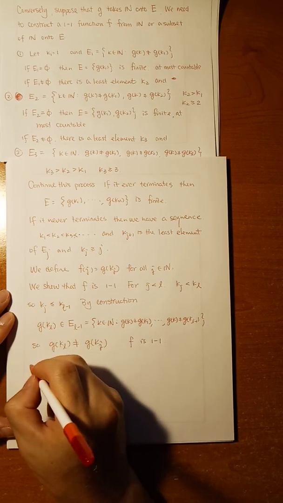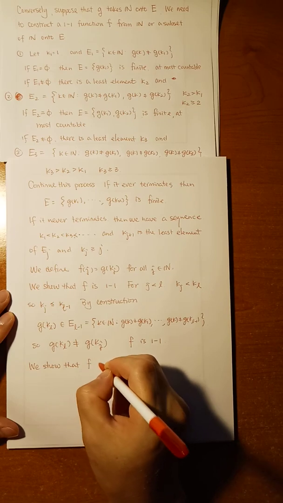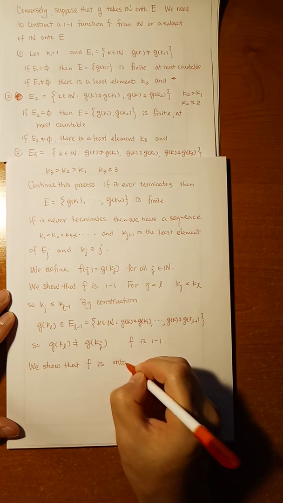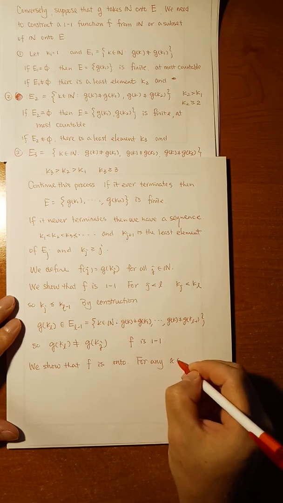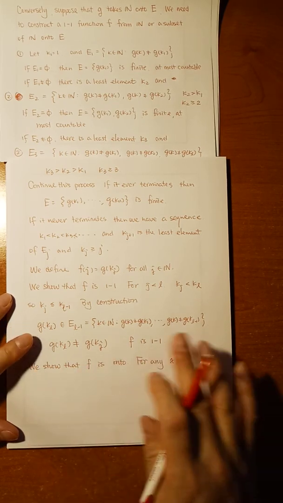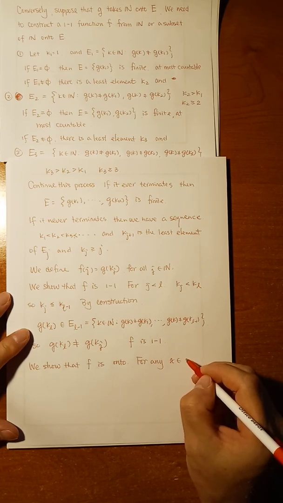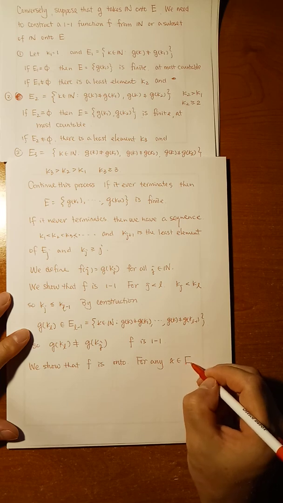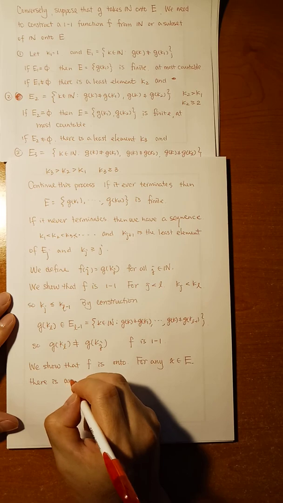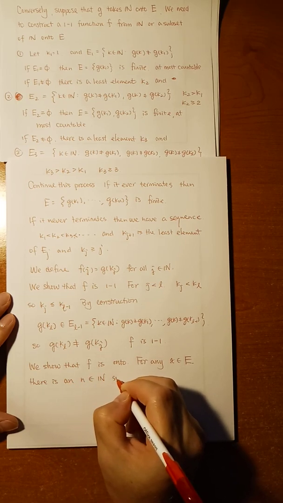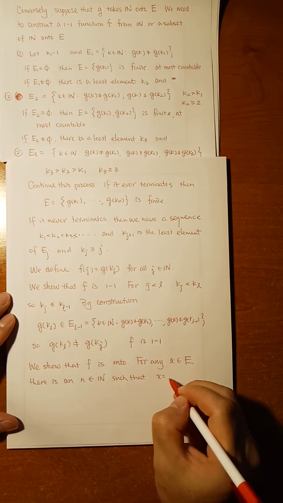Onto: for any x belonging to E, there is an n such that x is equal to G(n).